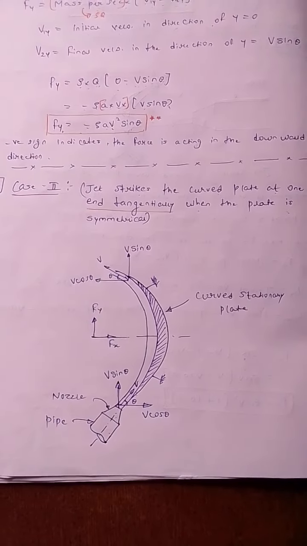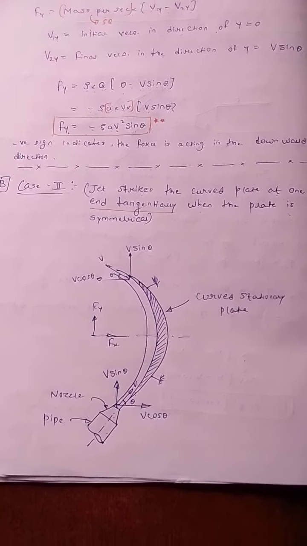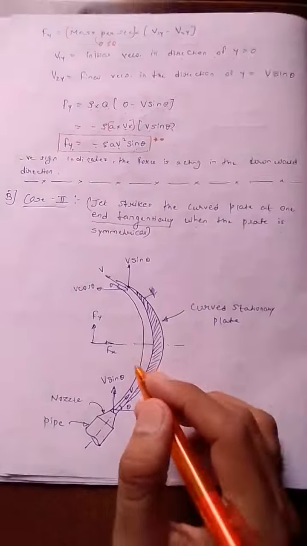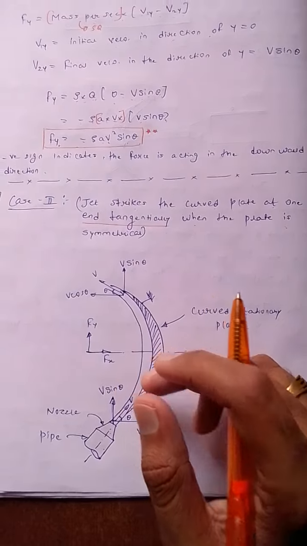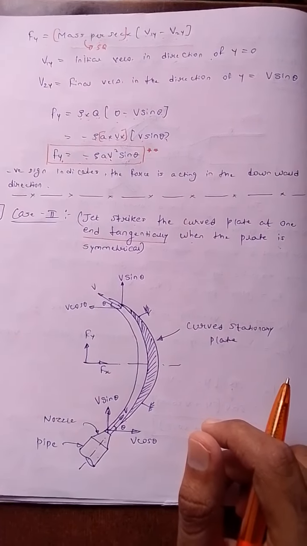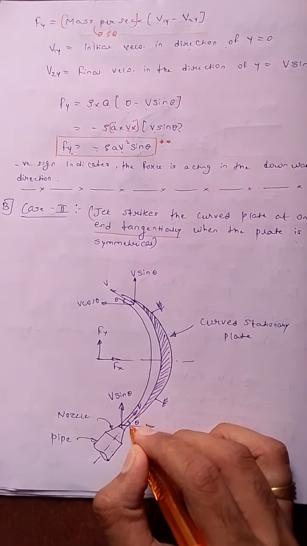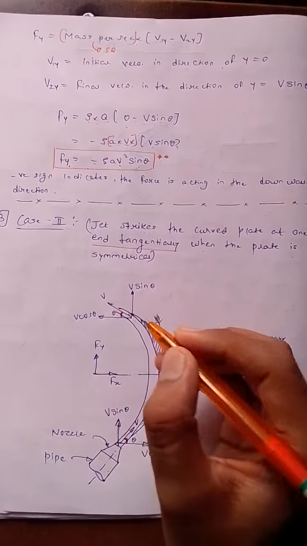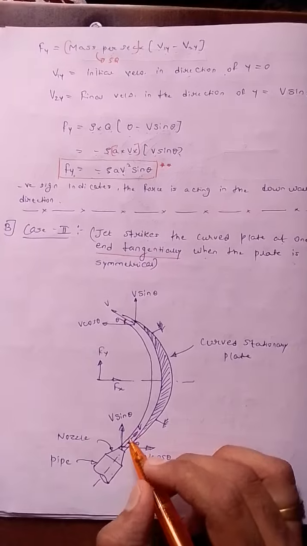Before going to the derivation, you should know that the jet strikes the curved plate at one end tangentially as shown in the figure, and one more thing, that the curved plate is symmetrical about the x-axis. Suppose this is the x-axis, then it is symmetrical along the x-axis, and the angle made by the tangents at both the ends will be the same.